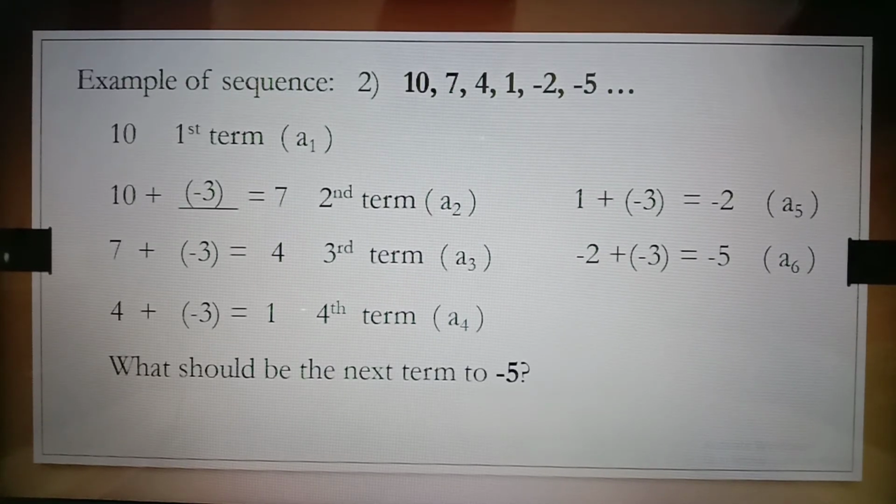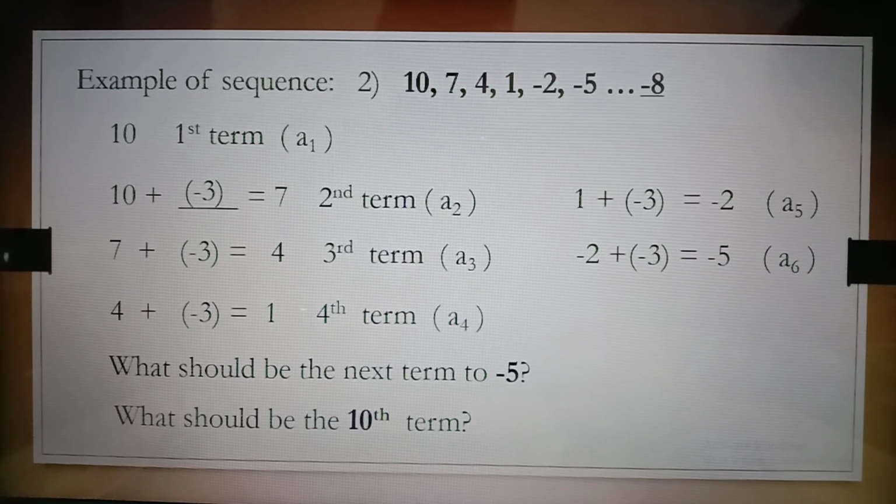What should be the next term to negative 5? So, ganun din ang gagawin mo na naobserbahan mo that magdadagdag ka lang ng negative 3 so that makakuha mo ang next term. So, negative 5 plus negative 3 will give you negative 8.